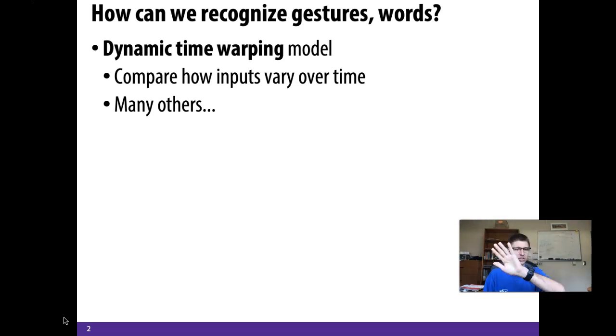So this gesture, no matter how exactly I move my hand, is a distinct gesture from going in a circle like this. That's the way this dynamic time warping model works: it compares the gestures as gestures and doesn't worry about exactly how quickly you did the gesture, or if you did the first half fast and the second half slow. It tries to compare those gestures as accurately as it can.